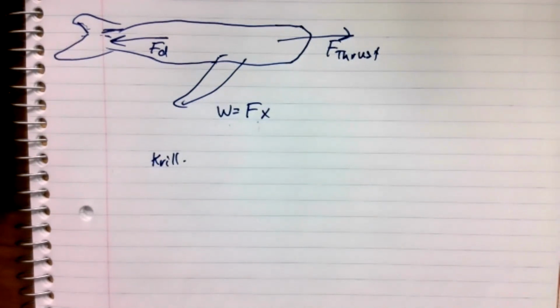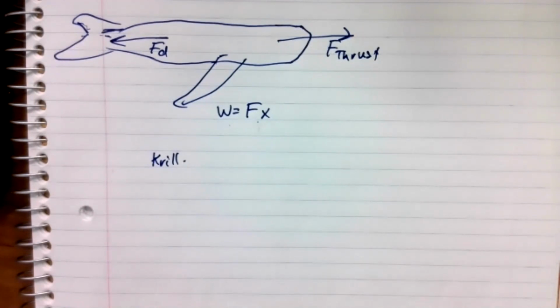Yes, but it has to supply a constant amount of thrust to overcome friction. So if it's not constantly swimming, the drag, well, it's not friction, it's drag, will cause the whale to come to a stop.